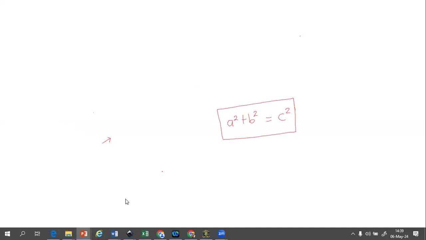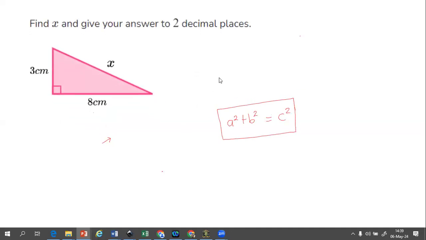Okay, now we are going to work out for me that number. Work out for me that number. Everyone is trying how to use Pythagoras theorem.